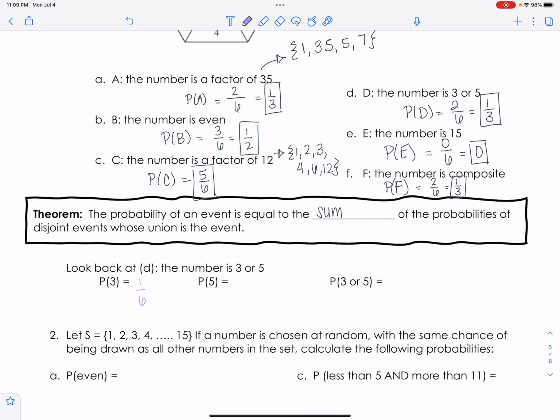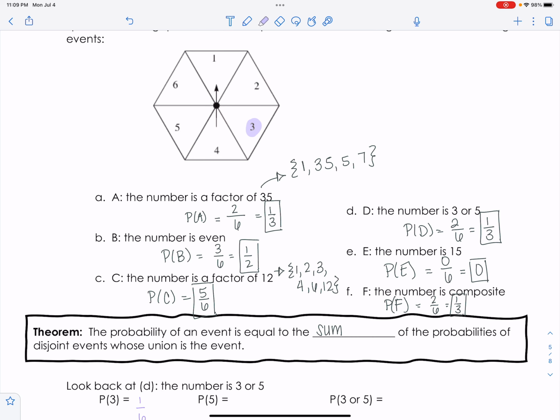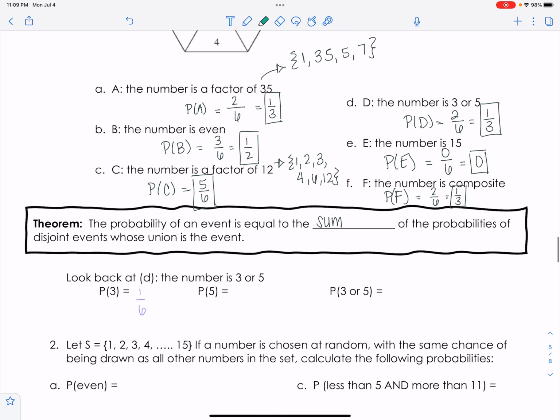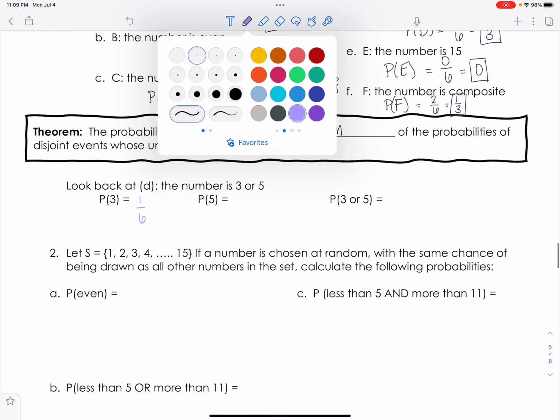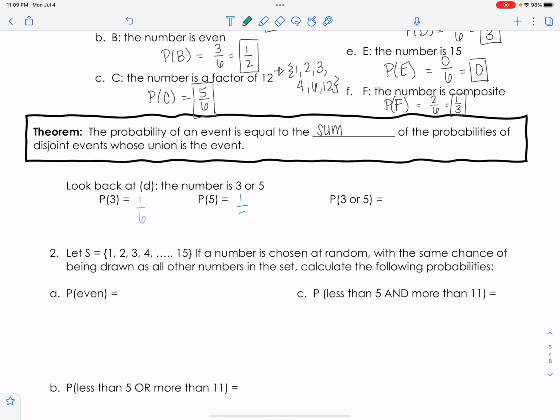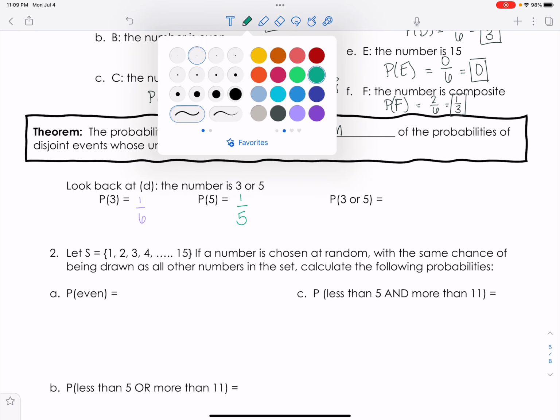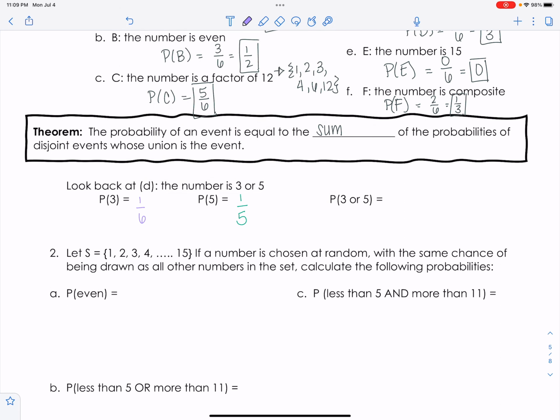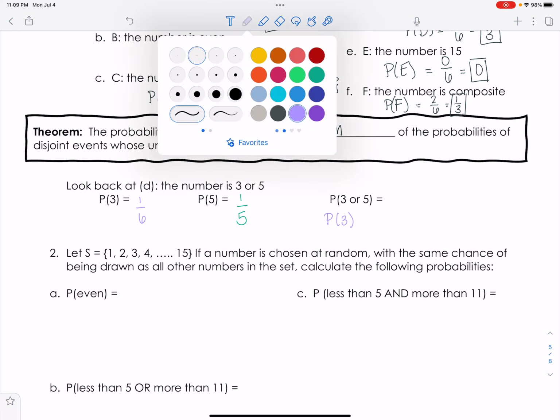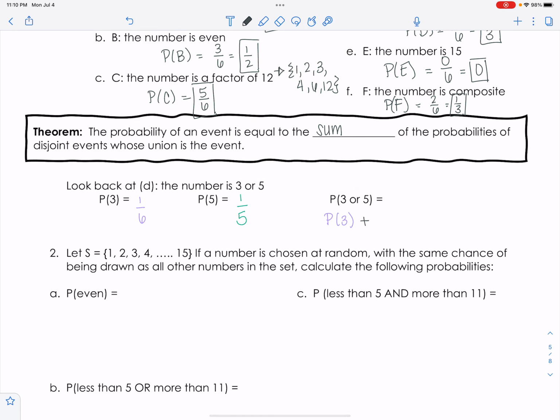The probability of my spinner landing on a 5 would be 1 out of 6. And so what that theorem says is the probability of spinning a 3 or a 5 is going to be the probability of spinning a 3 plus the probability of spinning a 5, which we kind of did intuitively.